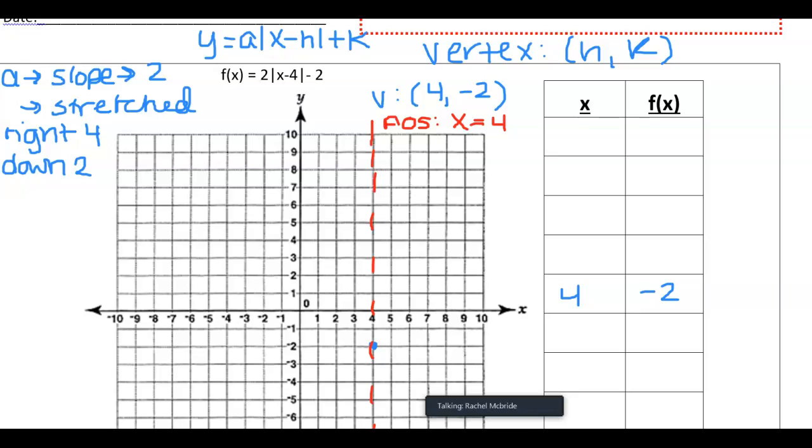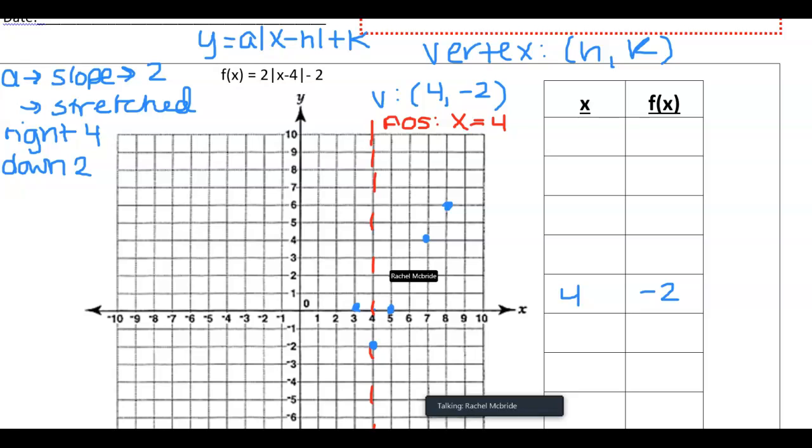My slope always goes in the direction of the right. So when you take your vertex, you always apply your slope to the right. We're going to go up 2 and over 1 to the right. Now, because of the red axis of symmetry, we can also go up 2 and left 1 from the vertex.